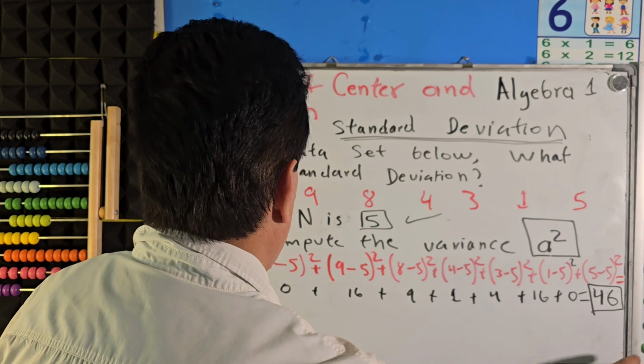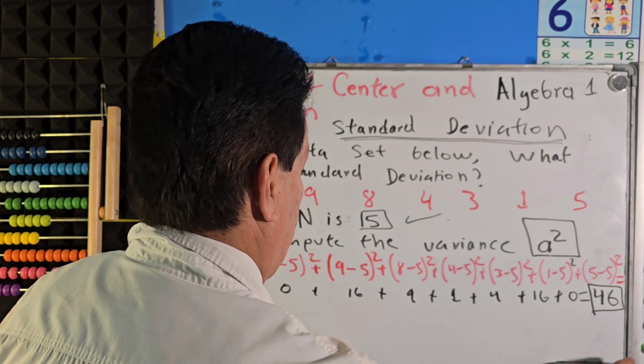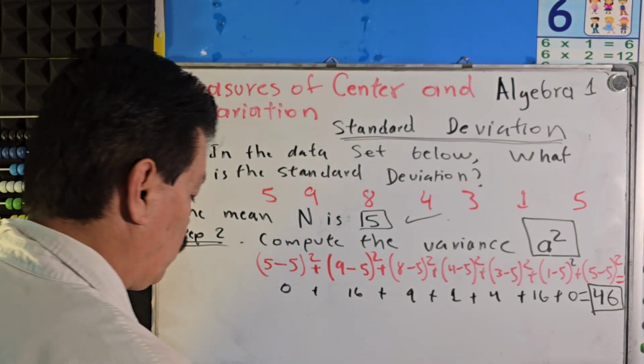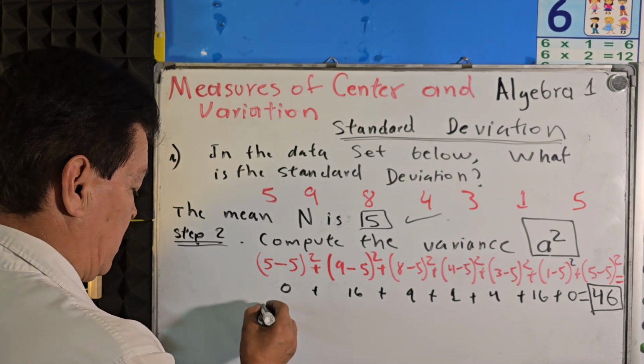Now we have to compute it. Let me erase these. So we have to compute the variance by dividing. Let me write here.